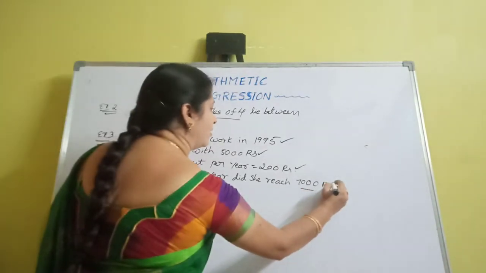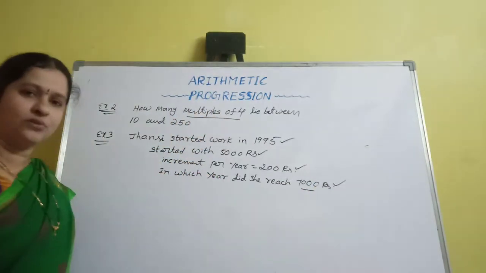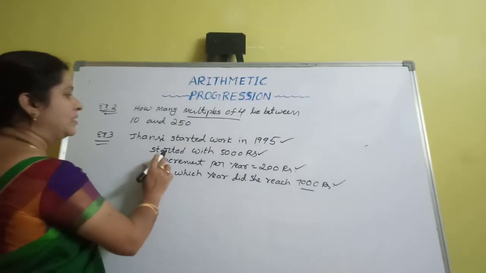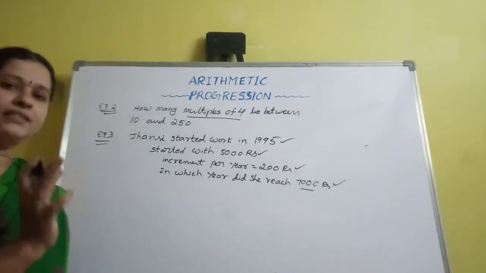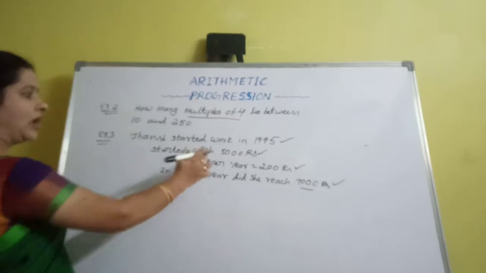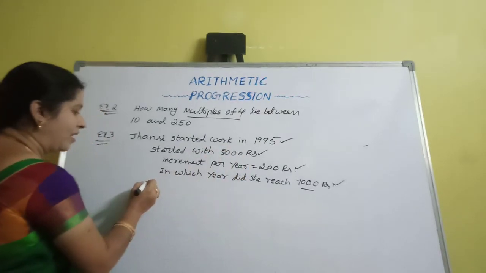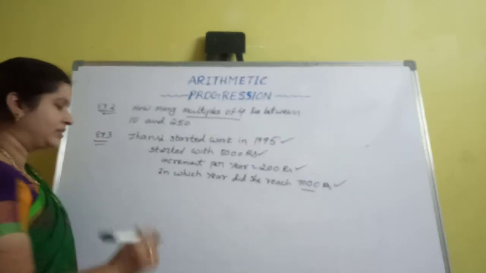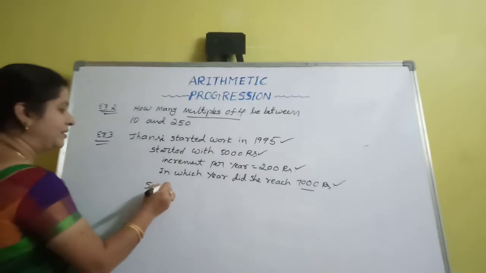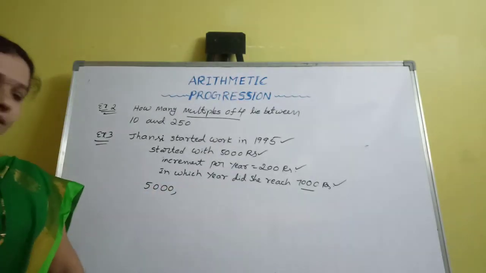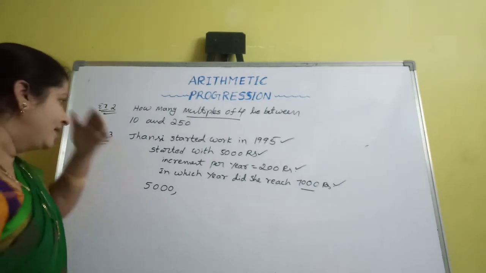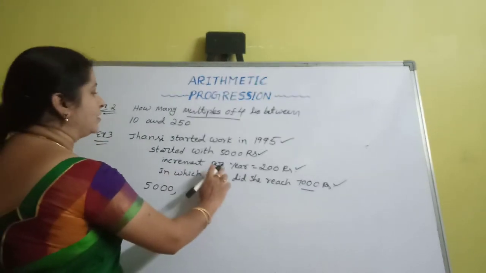Here 4 values are given in this question. So once you have observed all these values, started with 5,000 rupees means you have to find the series of the statement first. Started with always means you take it as the first term. So the first term in the series is 5,000 rupees. What is the second clue?